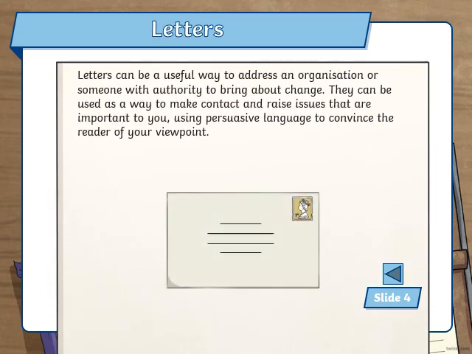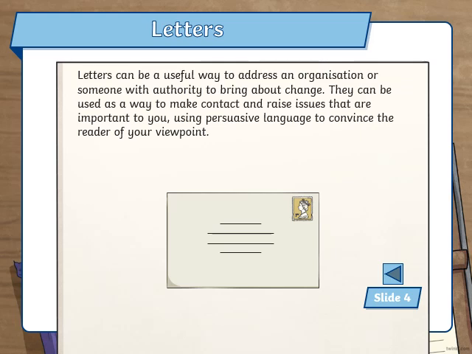Letters. Letters in year 5, persuasive letters is very important. Persuasive letters can be a useful way to address an organization or someone with authority to bring about change. They can be used as a way to make contact and raise issues that are important to you. Using persuasive language to convince the reader of your point of view.